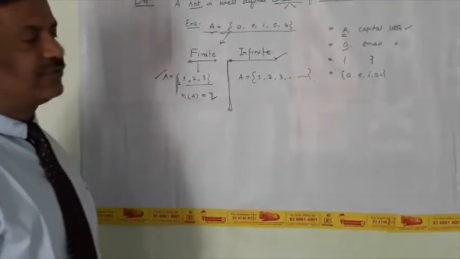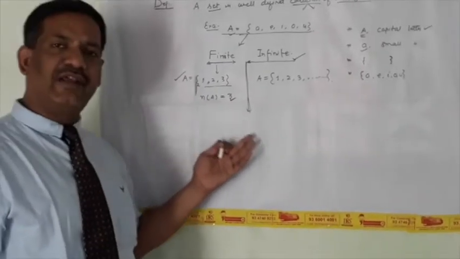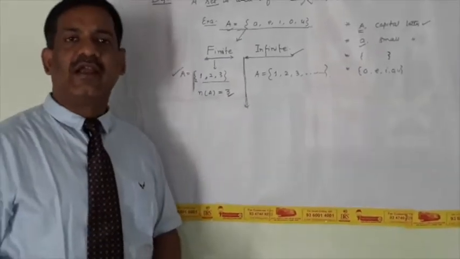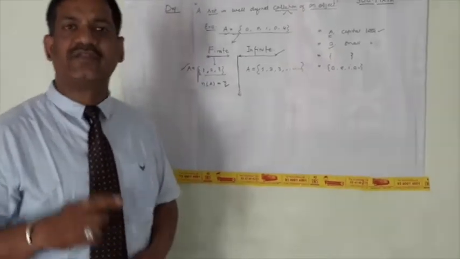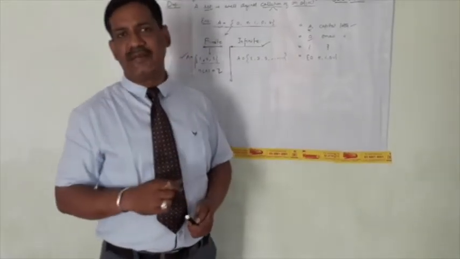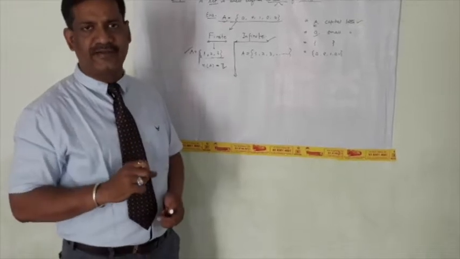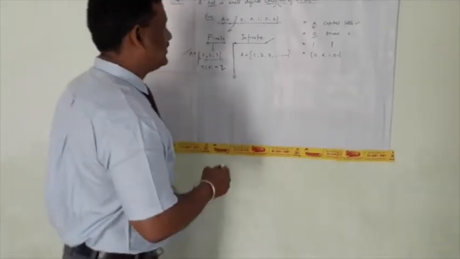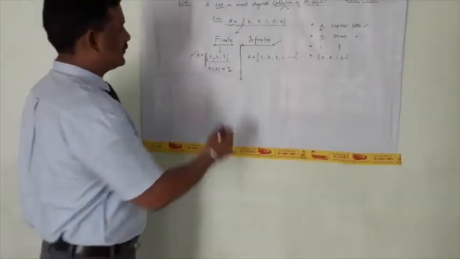With the help of a definition, we can say that if in a set the number of elements can be counted, it is called a finite set, and the set in which the number of elements cannot be counted is called an infinite set. So always remember these two sets, finite and infinite sets.